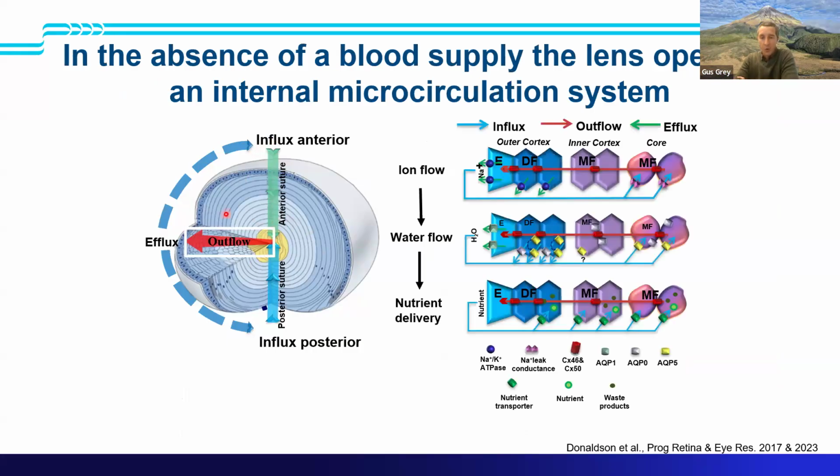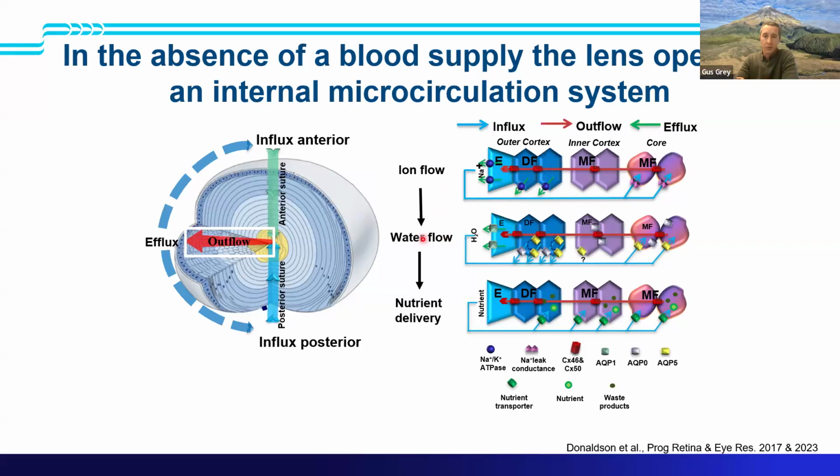And if we look at a more cellular level representation of that, we get ion flow. So the sodium potassium ATPases at the cell surface drive a current of circulating ions that travel in towards the lens extracellularly. Those ions are then taken up into the cells and then removed via an intracellular route mediated by those gap junctions, which I showed you in one of the first slides stained in red.